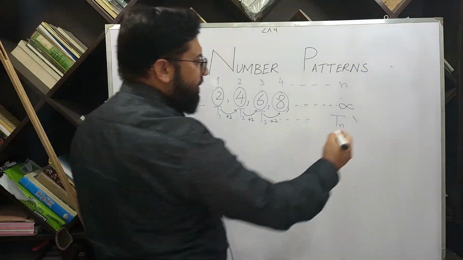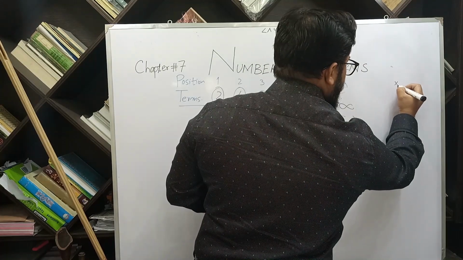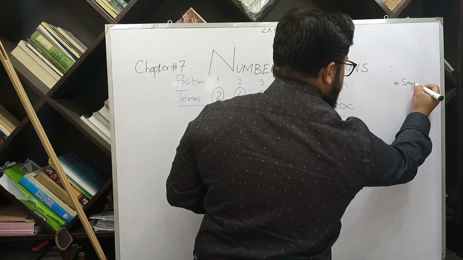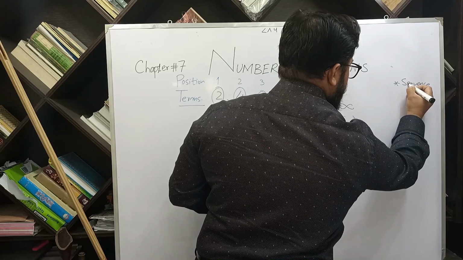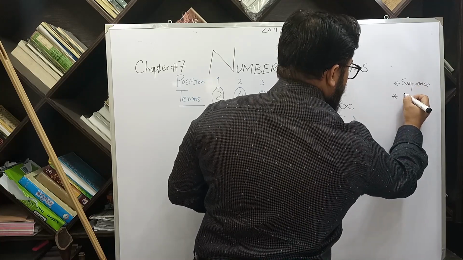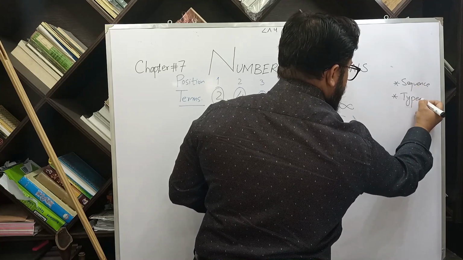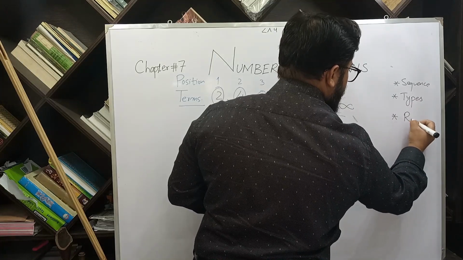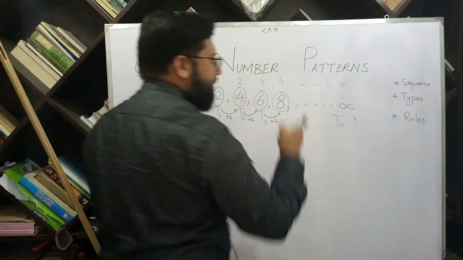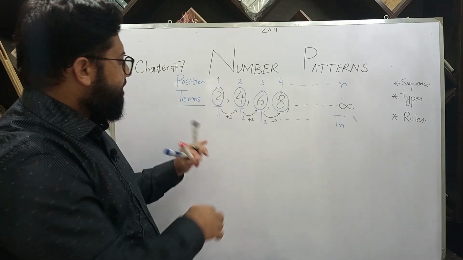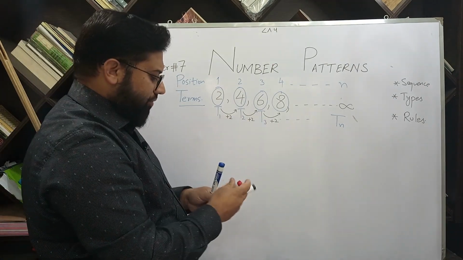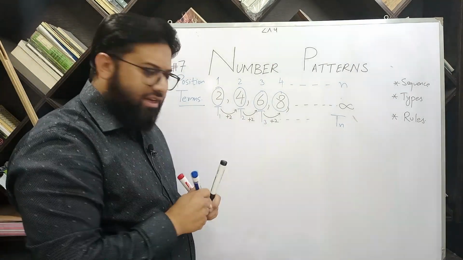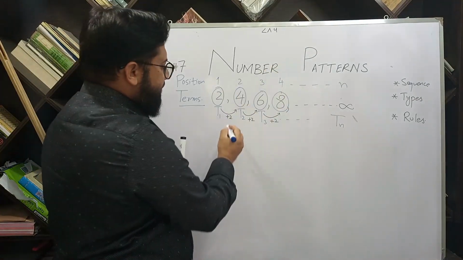So let me write down the things which we are going to do. What is a sequence? Number 2, what are its types? And number 3, what are the rules? So first we are dealing with the sequence. So this number is going to be added. At this stage, I am just telling you what these numbers stand for.